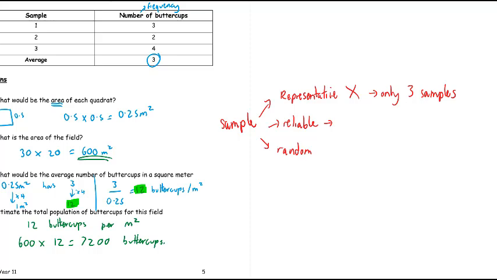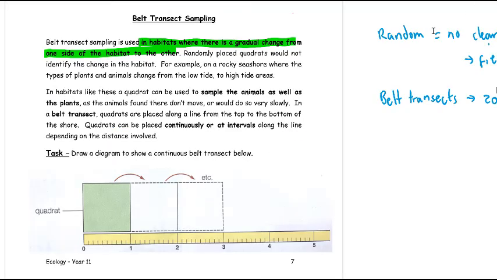If it's not really representative, it's difficult for it to be reliable. Okay, they took a few samples and calculated an average, but there's just not enough samples. Was it random? Who knows? It doesn't tell you how they measured it. Okay, for it to have been random, they would have had to use coordinates.